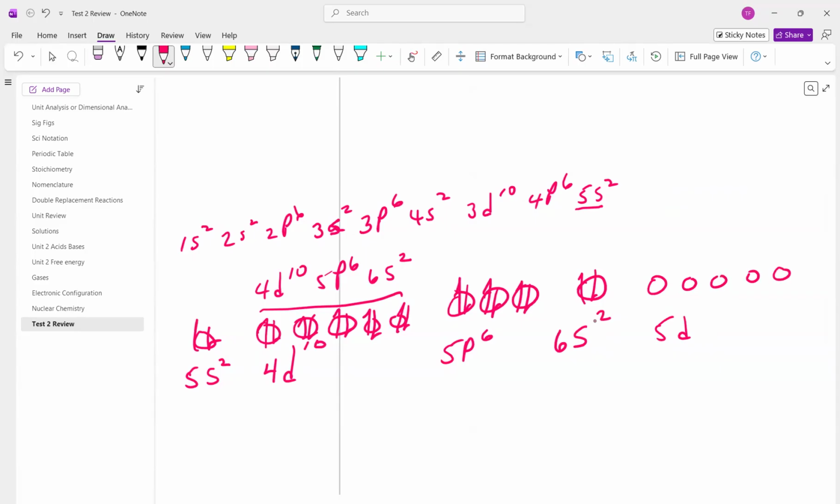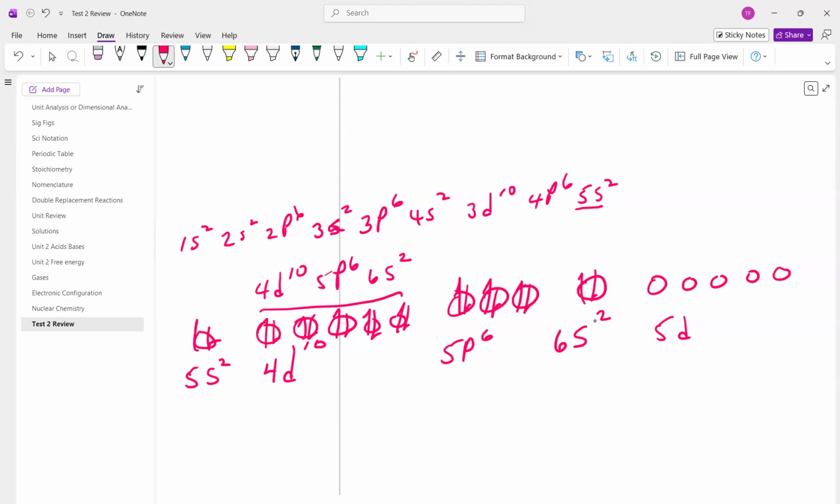Okay, so that's barium. Remember the stability guidelines I gave you. A full shell is the most stable. A full subshell is stable, but not as stable as a full shell, and then a half-full subshell.